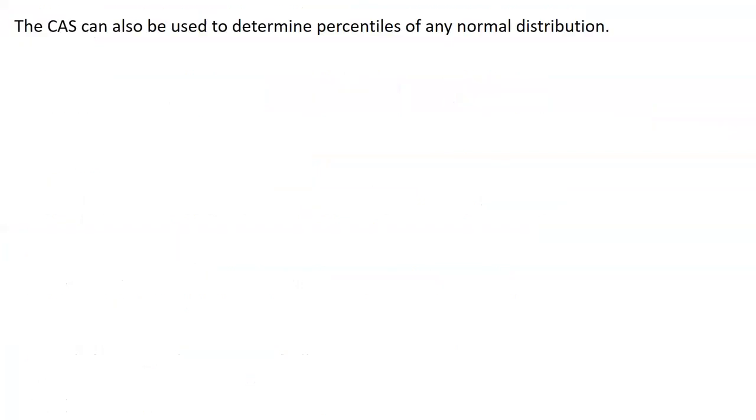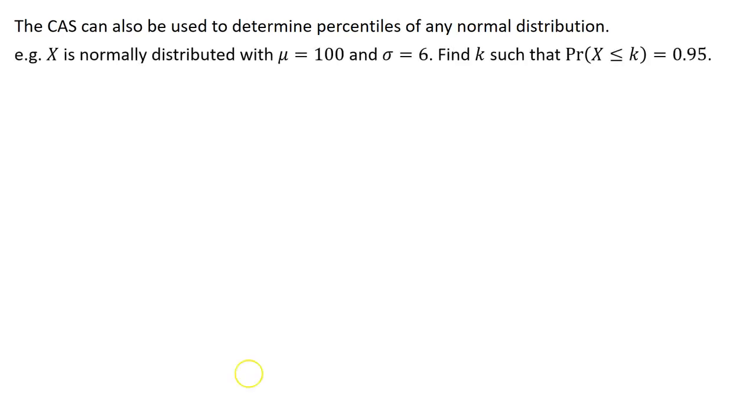Okay, we can also use the CAS to determine percentiles of a normal distribution. So here, x is normally distributed, my mean is 100, my standard deviation is 6. I need to find a value k such that the probability that x is less than or equal to k, remember this is the same as x less than k because it's a continuous distribution, is 0.95.